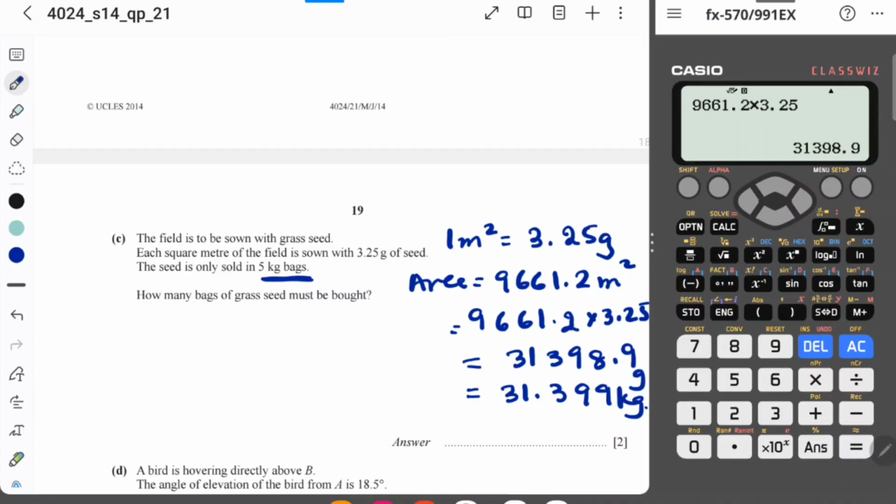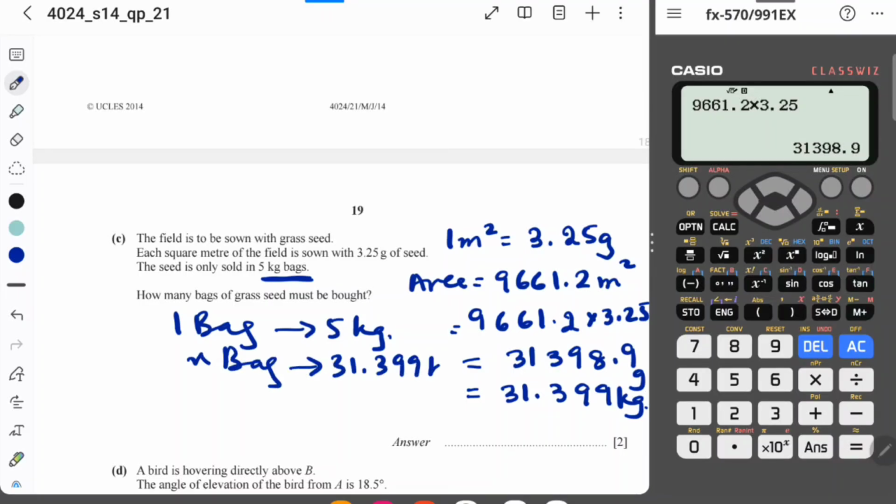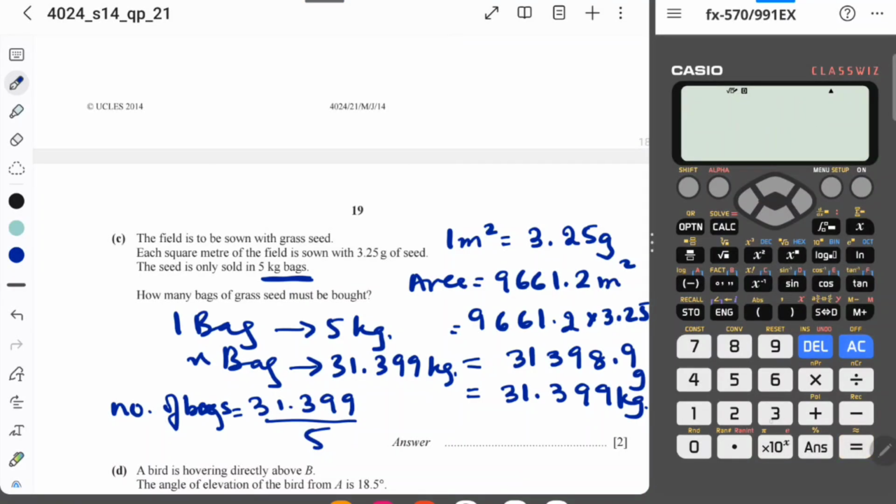Okay, so in one bag it holds 5 kg of seeds. So in how many bags will it hold 31.399 kg? Obviously you will divide. So the number of bags is equal to 31.399 divided by 5.